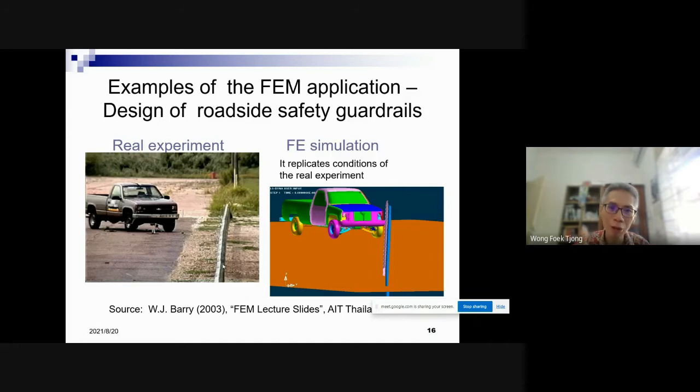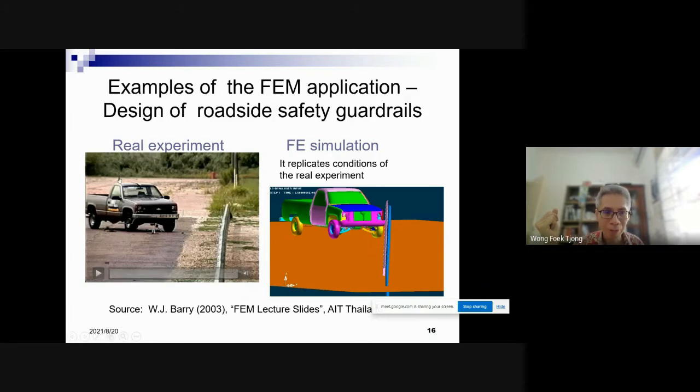Because if too strong, yes, it's good, the car will not cross over into this area. But if the car hits, the car will be in serious trouble because the damage may be very serious and may endanger the driver.